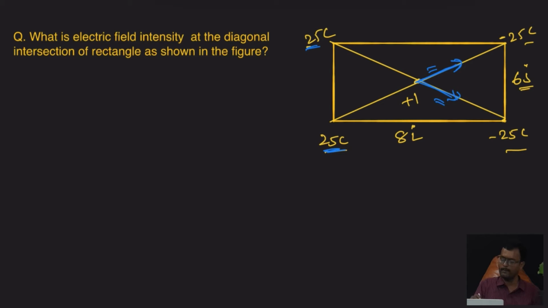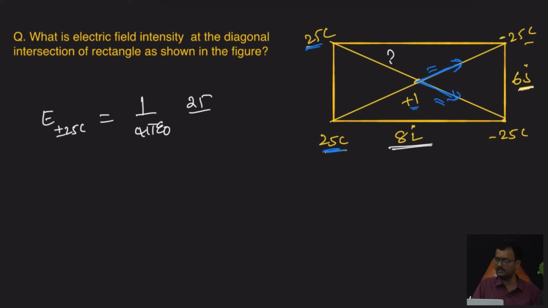Look here, the magnitude of each charge is equal, 25, 25. All charges are at equal distance from the center, so their magnitudes are also the same. So that is equal to 1 by 4 pi epsilon naught 25 by, so what is the distance? Look here, along this line it is 8, along this line 6.